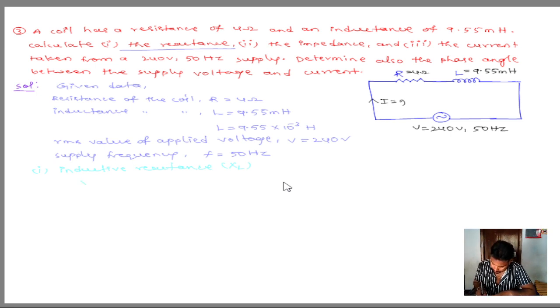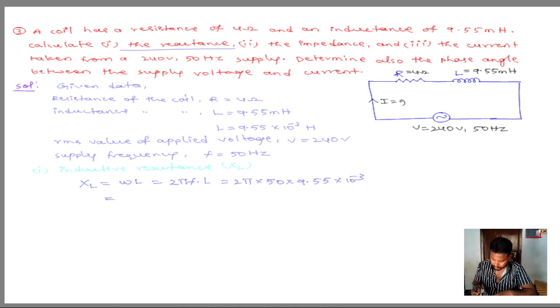We know XL is equal to omega L, right? And omega is nothing but 2 pi f into L. Just substitute the value of frequency and inductance here: 2 pi into f, which is 50, and L is 9.55 into 10 power minus 3.